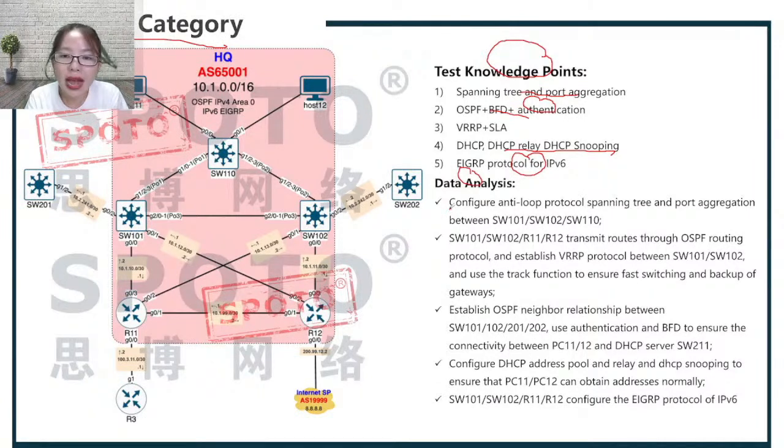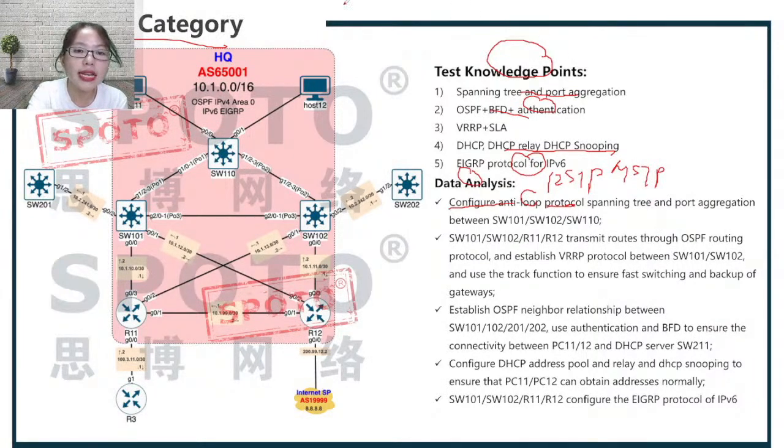First, you must configure anti-loop protocols such as RSTP and MSTP and port aggregation between these three switches.